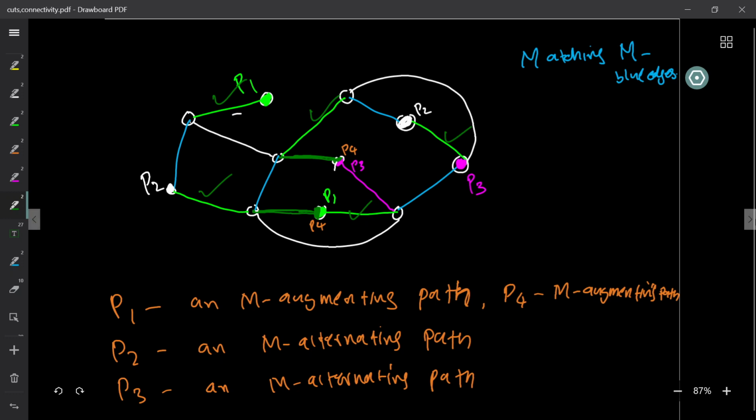So this is how the augmenting path helps to increase the size of the matching. It turns out that a matching which is not maximum, even though it may be maximal, will always have some augmenting path.